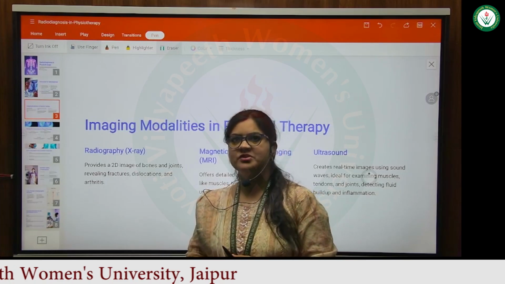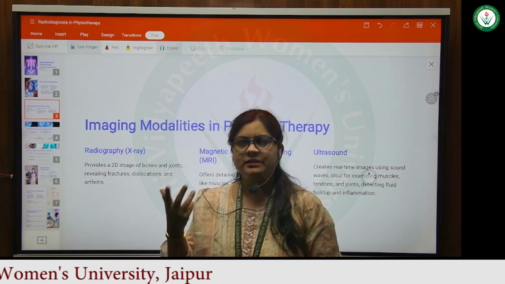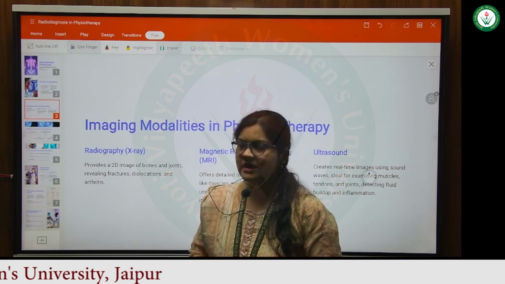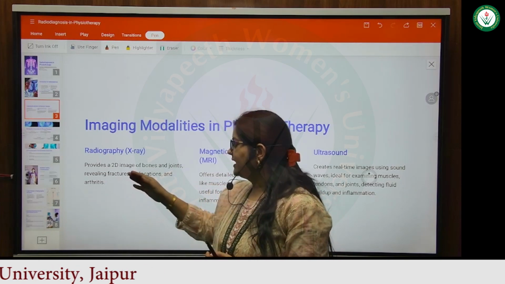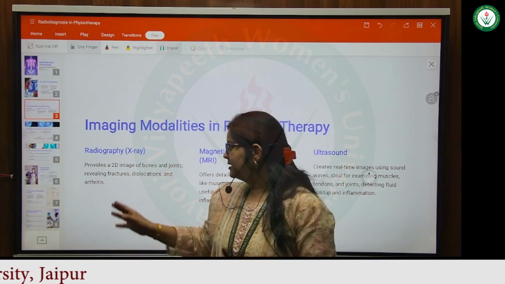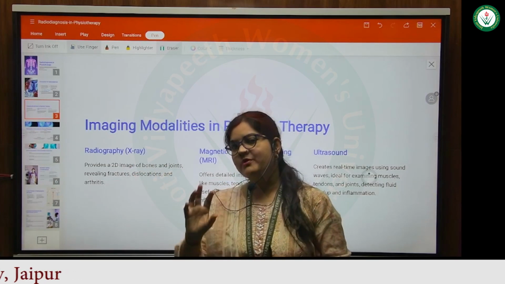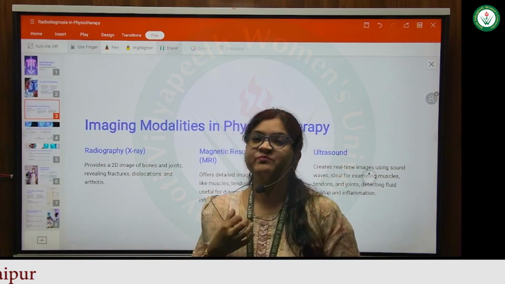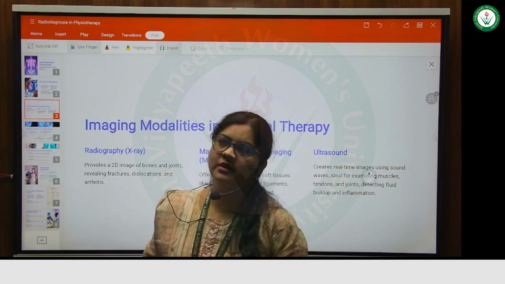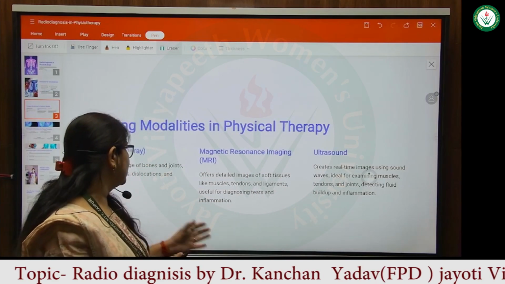Basically the differentiation between the further radiologic imaging modalities as compared with the X-ray: the X-ray provides the 2D image of the bones and joints, and it reveals fractures, dislocations, and many types of inflammatory conditions, that is arthritis.